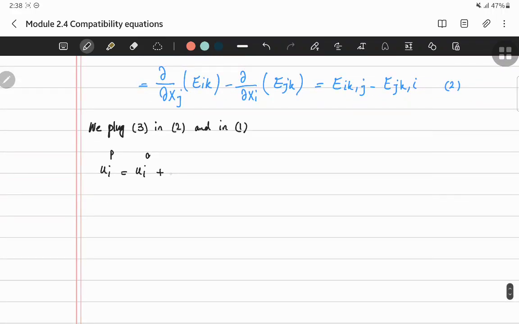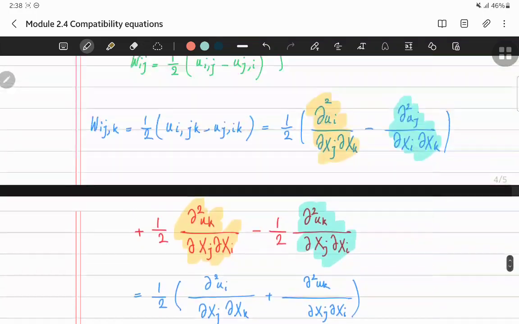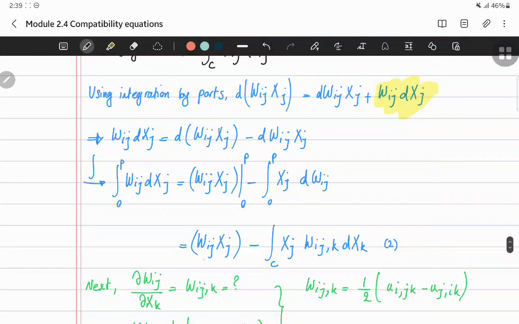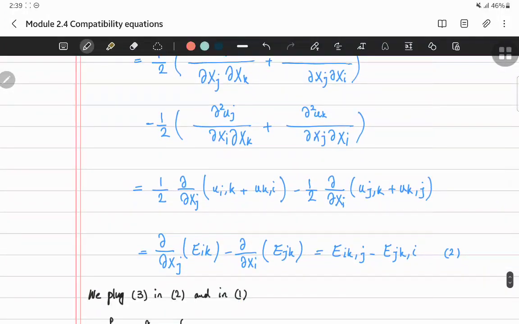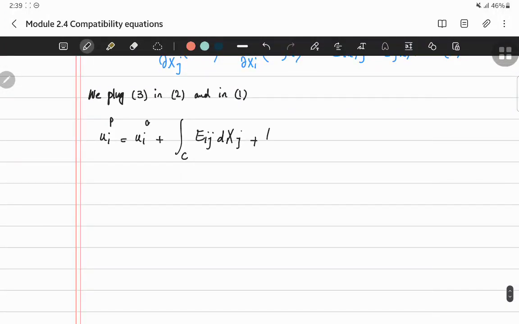So I have this, then I remember I had an integral on curve of e_ij dx_j, because this is i, so this is supposed to be x_j, plus this asymmetric part, which was w_ij x_j at point P, if you remember, minus this integral.